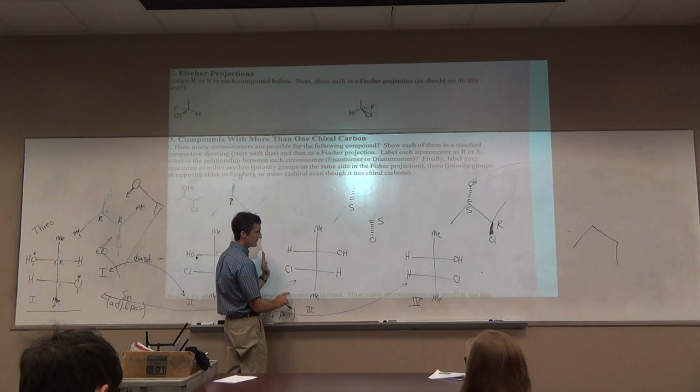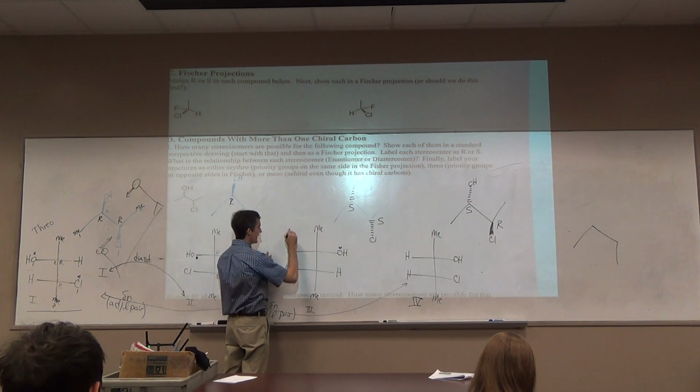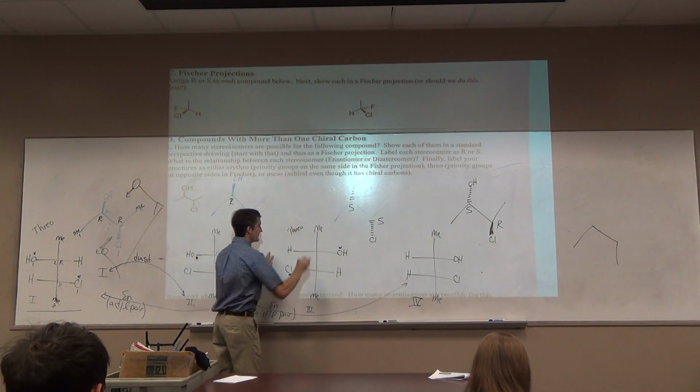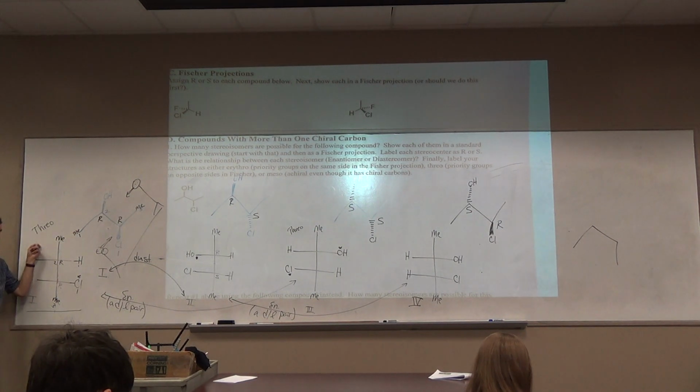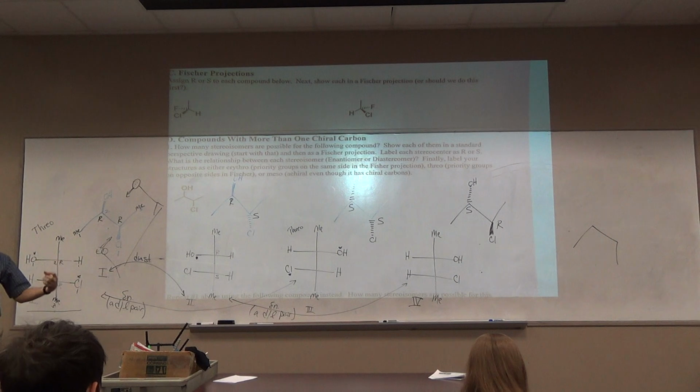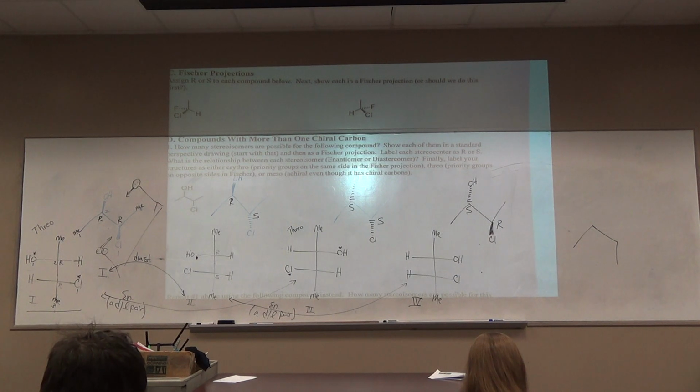Is it also threo? Yes, high priority groups on opposite sides. Of course, if you think about it more, the mirror image of threo is threo. So we can maybe call that the threo DL pair. And now we have a terminology to get more specific about what we're talking about.